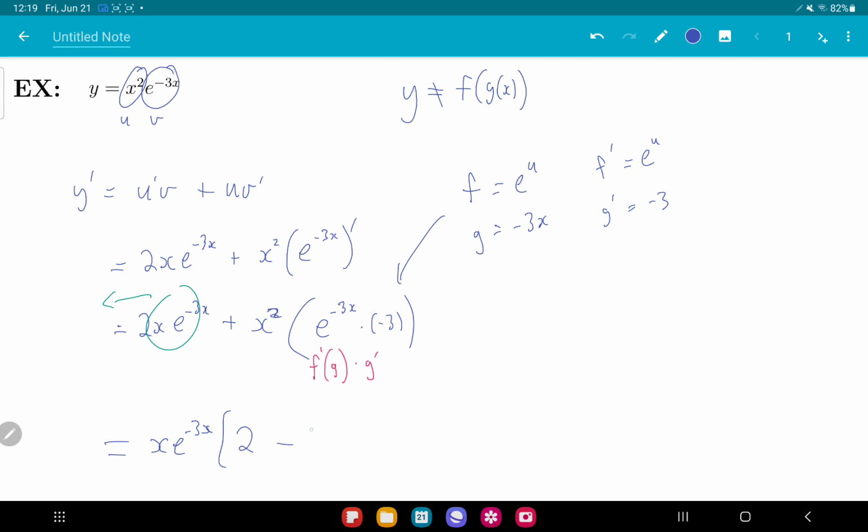Looks like minus 3x survives over here. So why does minus 3x survive here? Well, one of these x's goes outside, and this minus 3 goes outside.